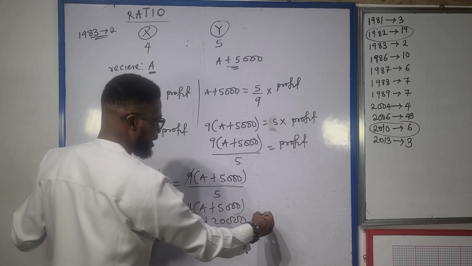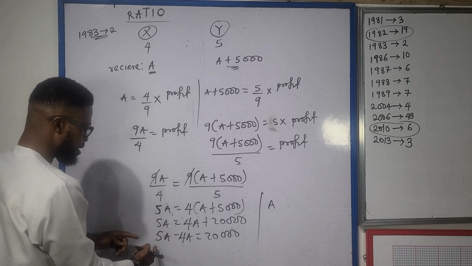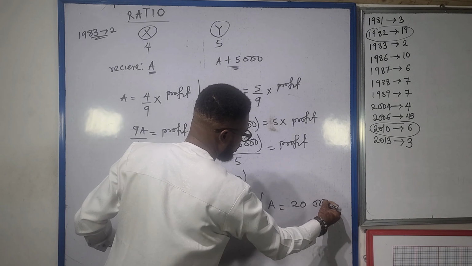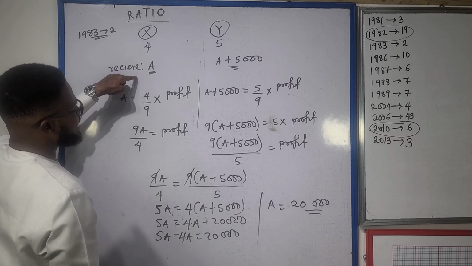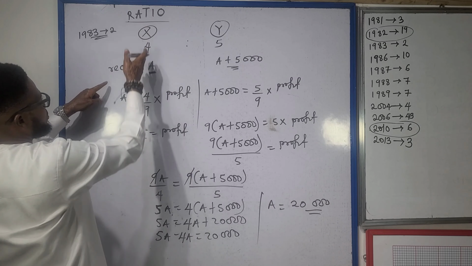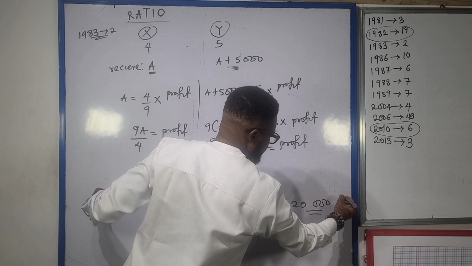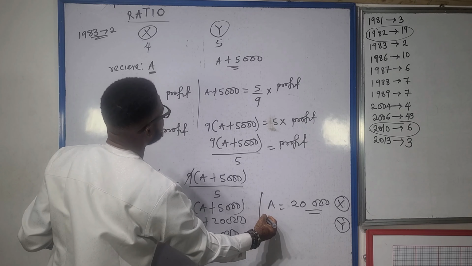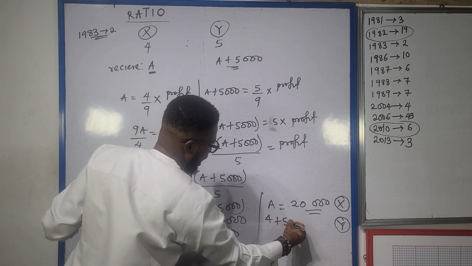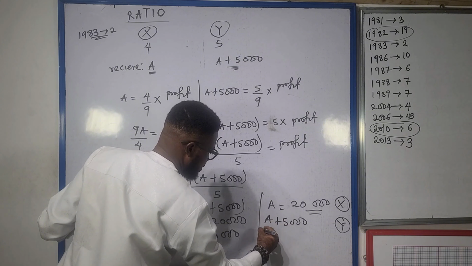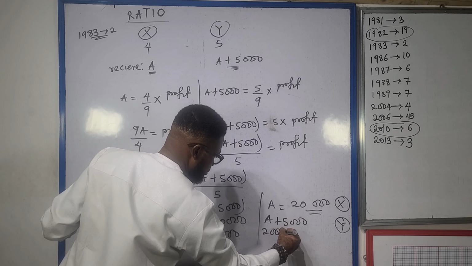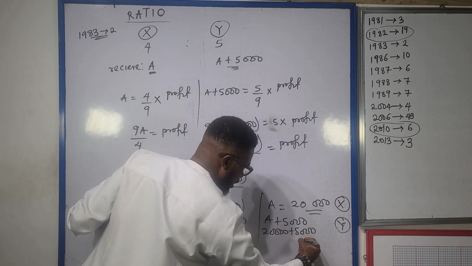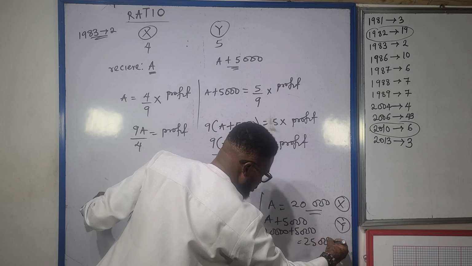So therefore, 5A minus A equals 20,000. Okay, so A equals 20,000, that is what X received. That is for X. For Y, that is going to be A plus 5,000, and that is 20,000 plus 5,000, which gives us 25,000.